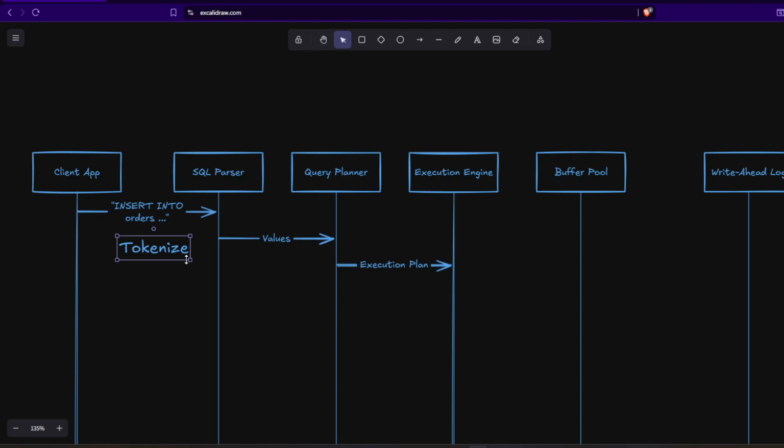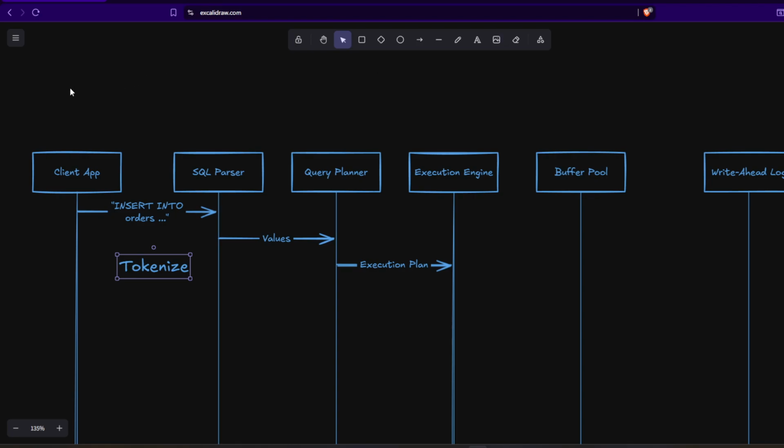This insert into statement gets tokenized, and after that it gets fed into a query planner. We will explore the query planner in far more detail in our next video, but here just understand that this planner creates an execution plan.